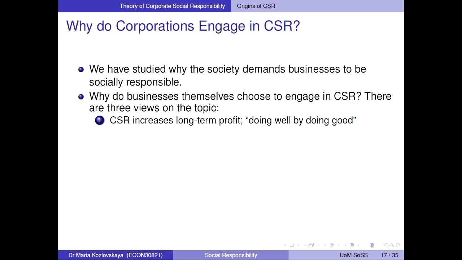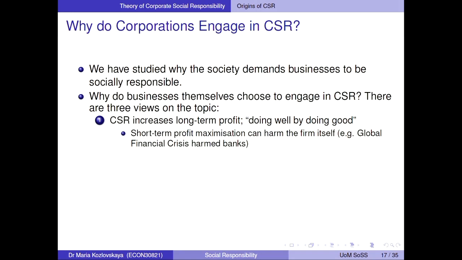One is that CSR can be viewed as a strategy for long-term profit maximization. If you destroy the environment, then the businesses will go down with it. So maybe if you try and protect it, you will maximize your long-term profit as a result. Environment isn't the only example. You can think of all the excess purchases of derivatives and other financial instruments as being one of the reasons behind the global financial crisis of 2008.